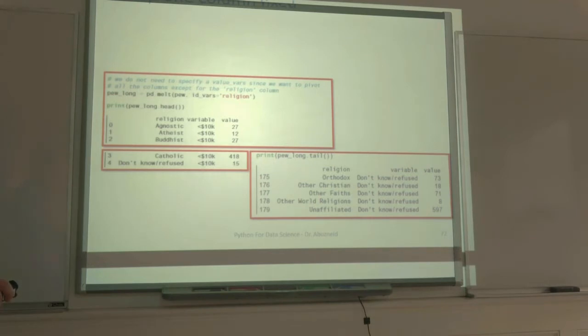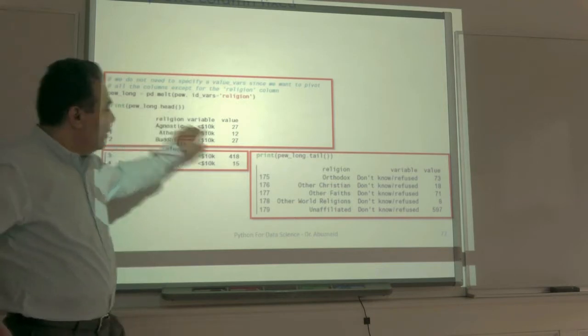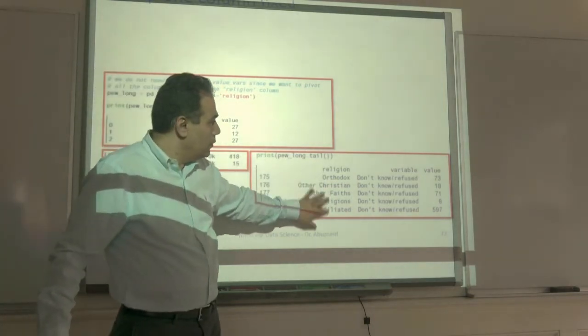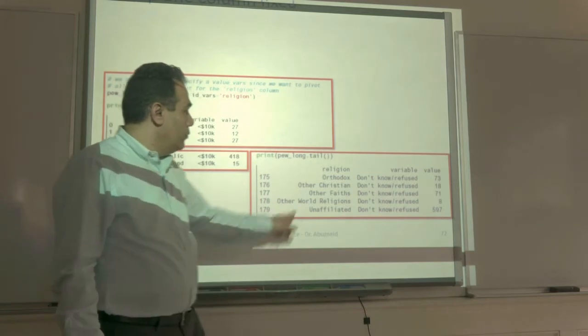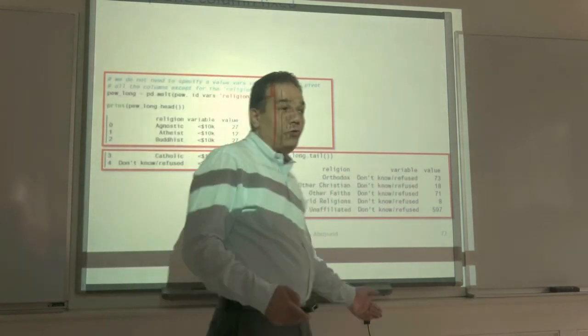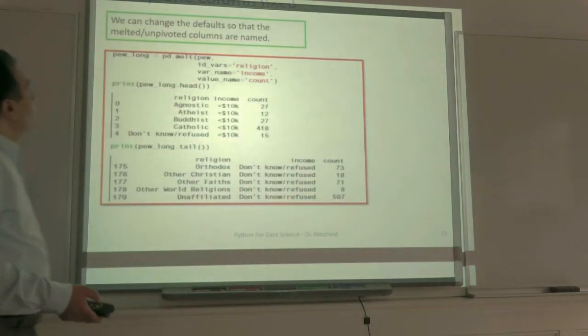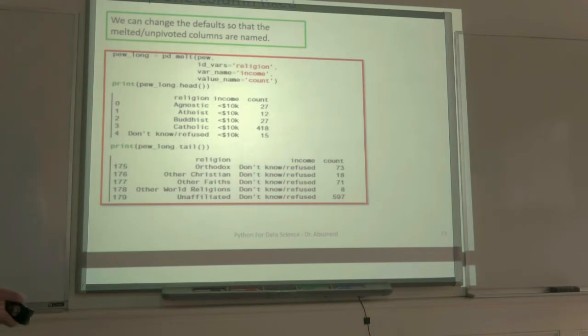All right? So this is the head and this is the tail. So variable and value, which we could rename later. In here we can change the defaults so that the melted and pivoted columns are named.